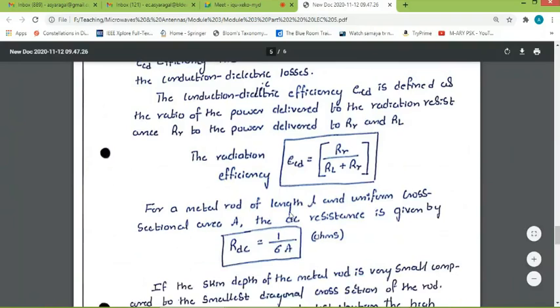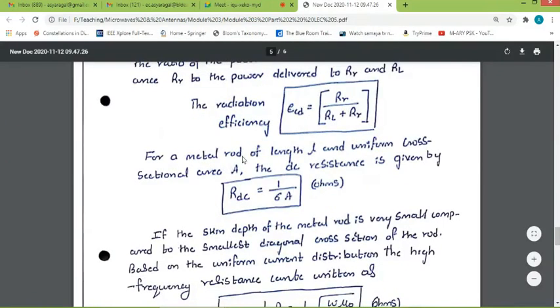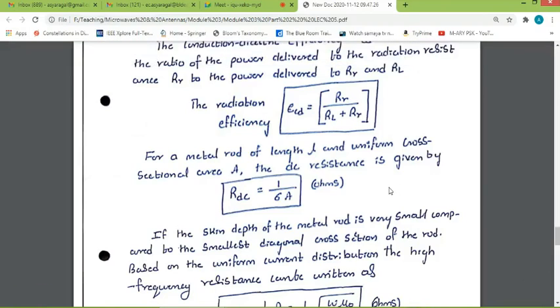If I have a metal rod whose length is L, with a uniform cross-sectional area A, what is the resistance offered?